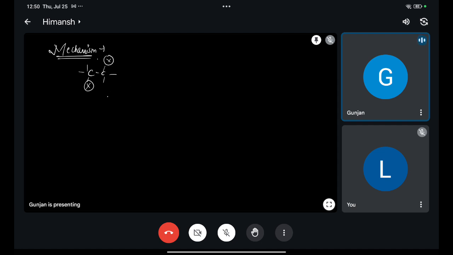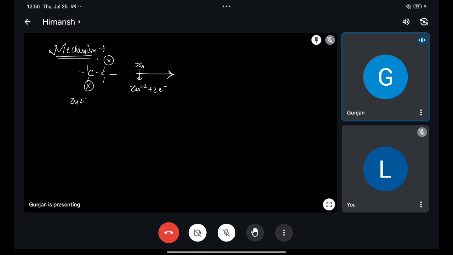So here what actually happens is, see, zinc 2 positive and 2 electrons.